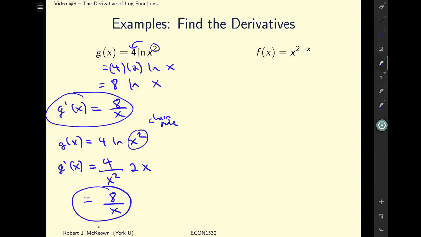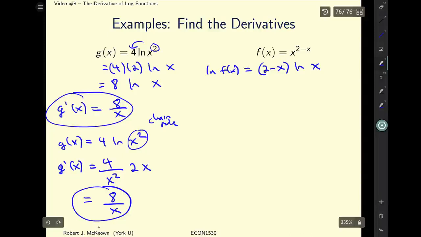Looking at the next problem, we can see here that it's neither an exponential function nor a power function, because both the exponent and the base are changing. So we're going to have to take the log of both sides of this thing. And if we do that, we'll get this thing.